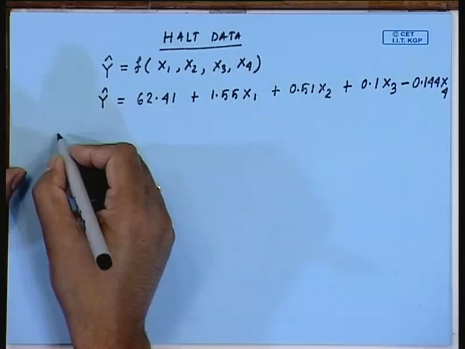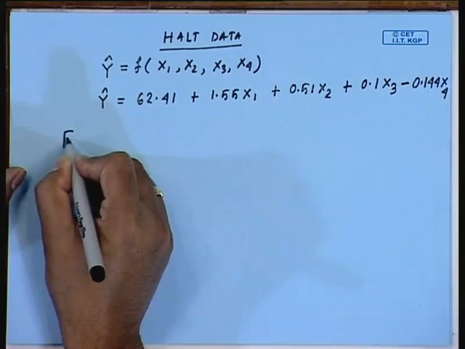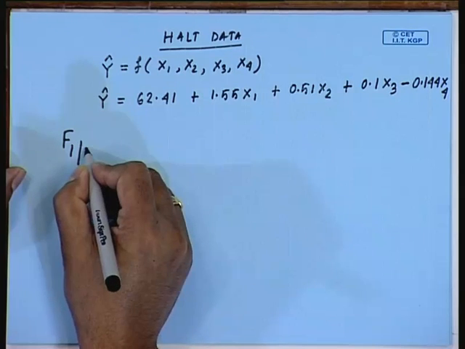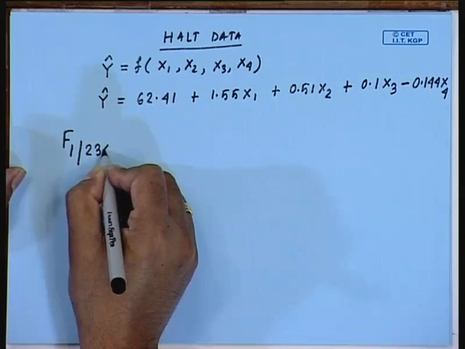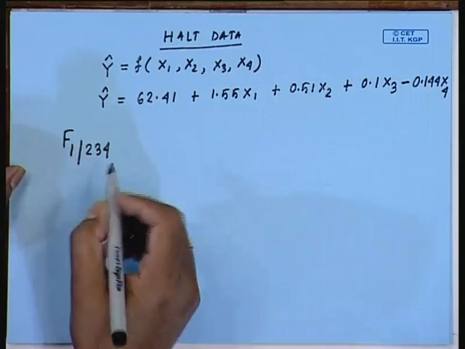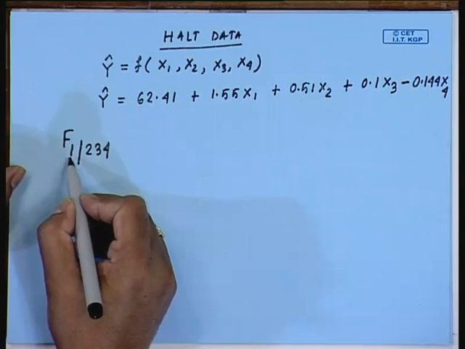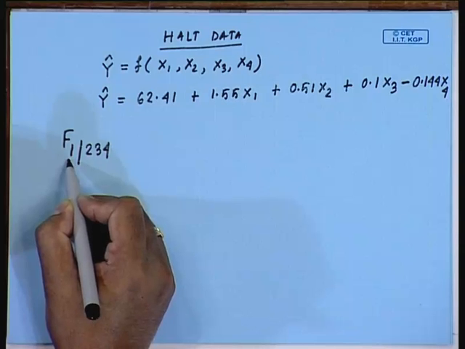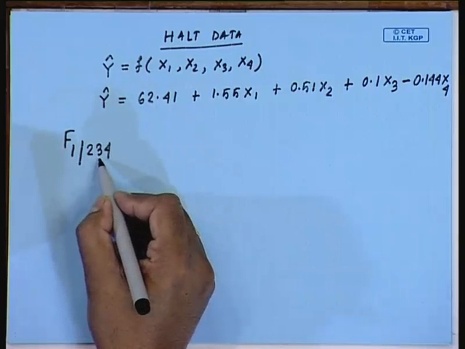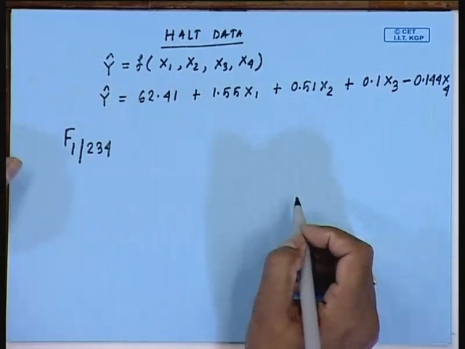So, this is the notation F1 given 2, 3, 4. This is called the partial f statistic associated with the regressor x1 in the presence of x2, x3, x4.